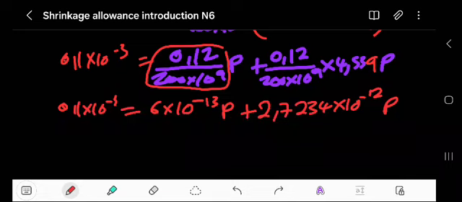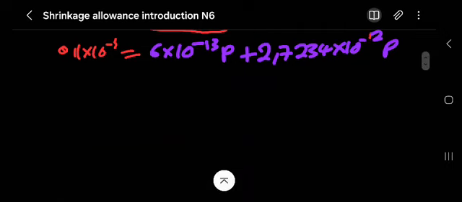Now we add these, they are like terms. This is a method of algebra. Or you can just, let's make this easy without wasting time.